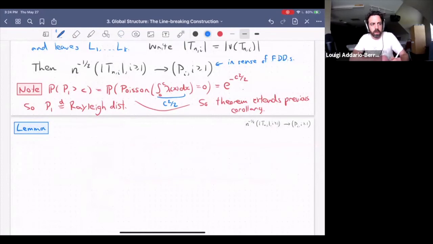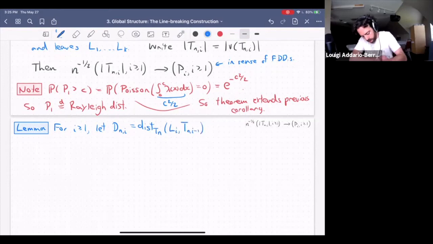We're really just going to compute the exact joint distribution of the branch lengths in the finite combinatorial trees. So for i at least one, let me write dni for the distance in the tree Tn from the leaf Li to the tree Tn,i minus 1. Equivalently, this is just the size of the tree Tni minus the size of the tree Tn,i minus 1.